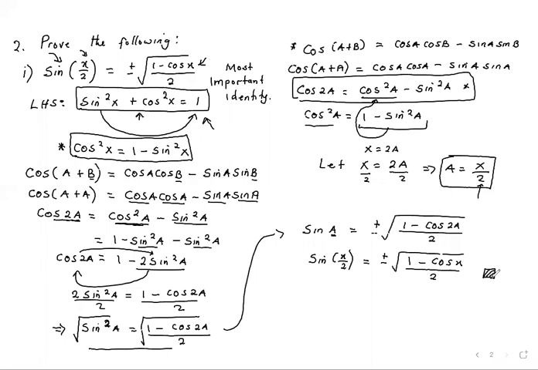Sir, we had x over 2 first. How did the a come about? Is it that we had x over 2 is equal to a, then you cross multiplied? Our first statement was let x be equal to 2a.